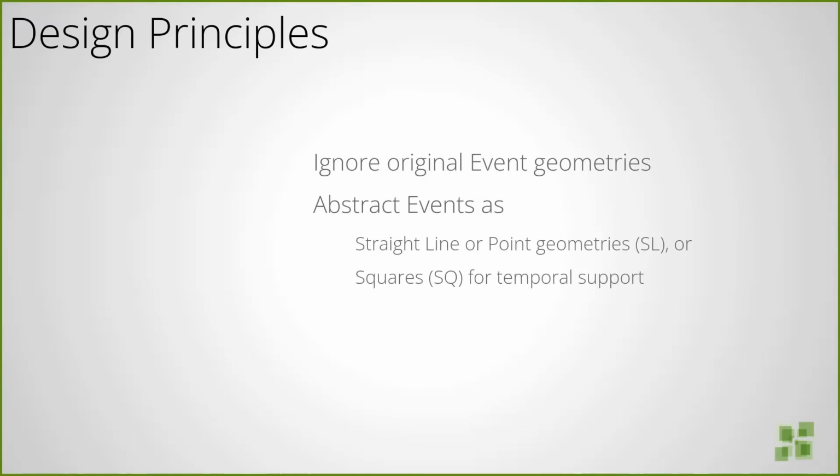So why do we do that? Because we are converting events into simple abstract lines. So this line will be computed in a geometric format using FME's geometric engine more efficiently and also more visually understandable.